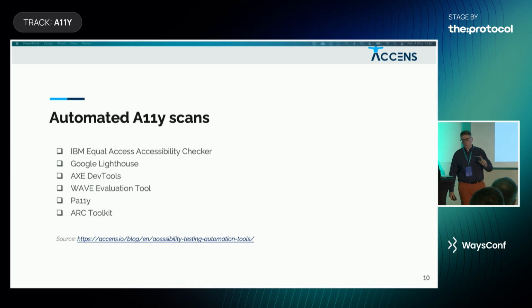If you want to find out more about them, there is a blog article about prices, features, and different things. There will be an update of this article this year, so come back to our site and our blog to check that. But remember that they are finding only about 30% of the real issues on the website.